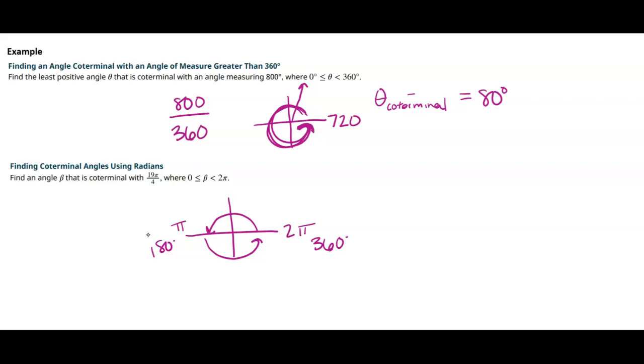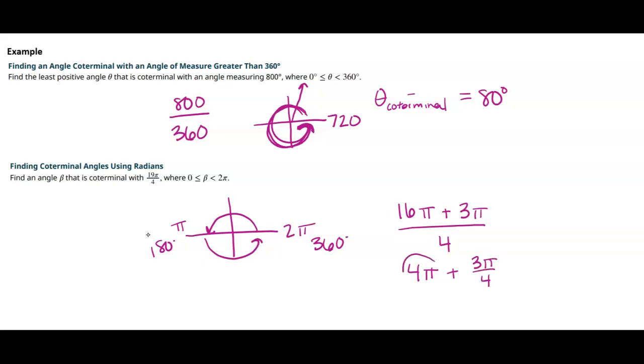So if I divide here, 19 pi divided by 4, that goes around 16, right? 16 would be 16 pi, and then 3 more over 4. So let's see, that would be 4 pi, and then I would maybe write this as 3/4 pi.